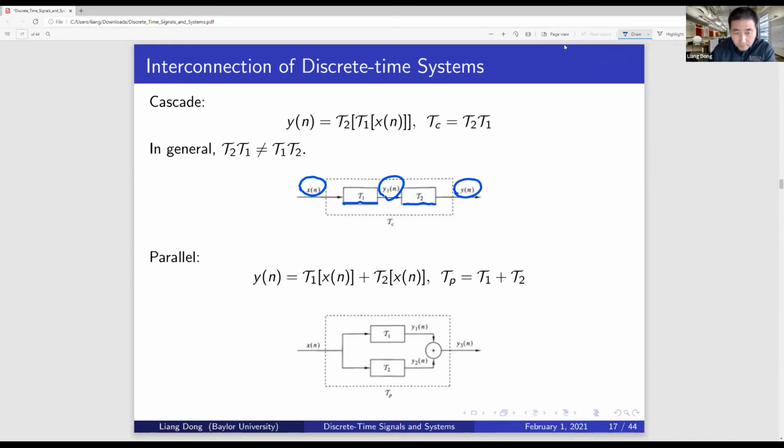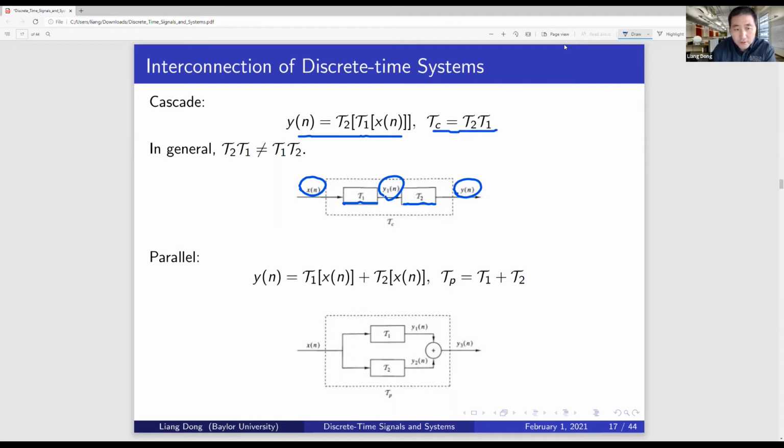In the cascade operator, the expression can be seen as y[n] equals x[n] with operator T1 and then operator T2. Then the combined cascade system is T2 T1.